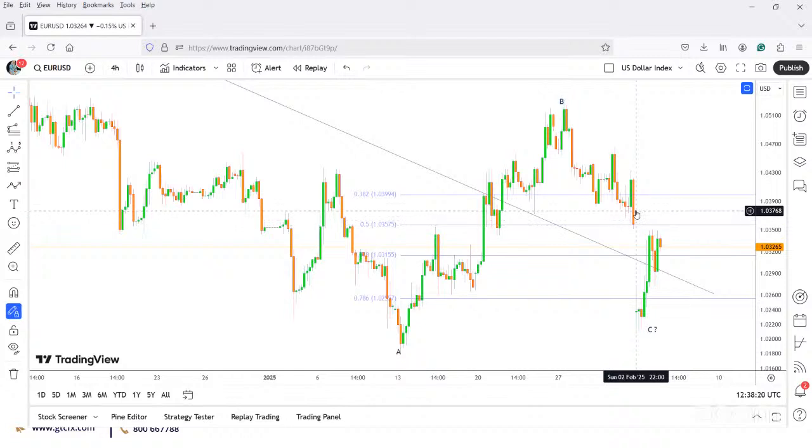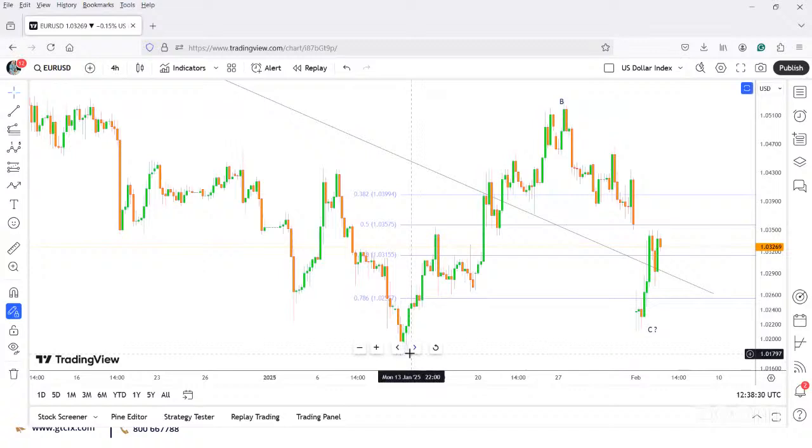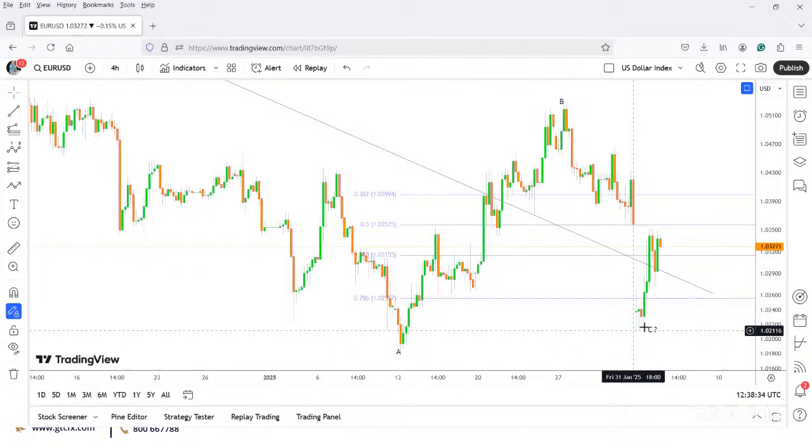And that boosted the dollar, but that boost was not enough to change the trend. You see, the price did not go below A. Remember the theory of the trend, right? C cannot go below A. So C did not go below A, and we were waiting for this signal to appear.